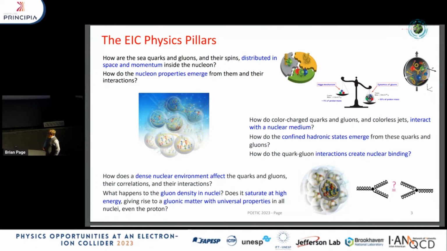So of course, things like spin and mass are dynamical properties of the proton, and we want to understand how those dynamics lead to the properties that we see.